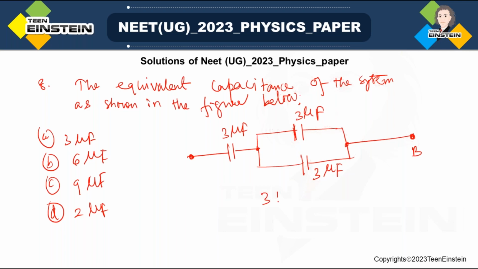When we say 3 parallel 3, then it is just algebraic addition, 3 plus 3, so this will be 6. And now the equivalent circuit is, see, I have got this now. So this is 3 microfarad and this is 6 microfarad.